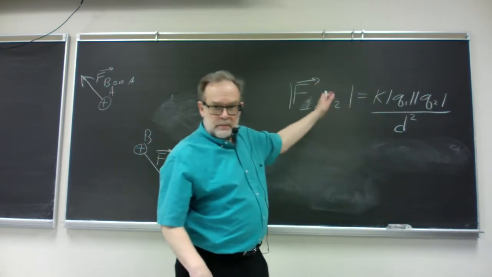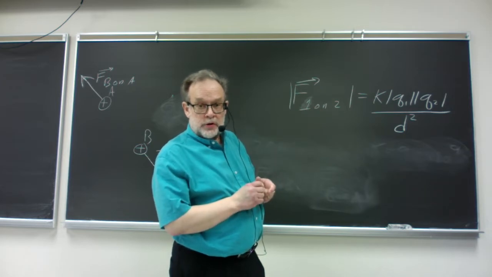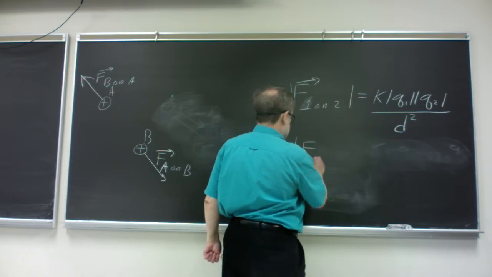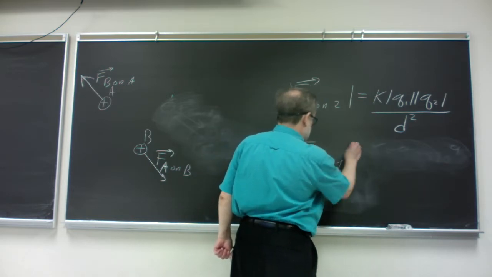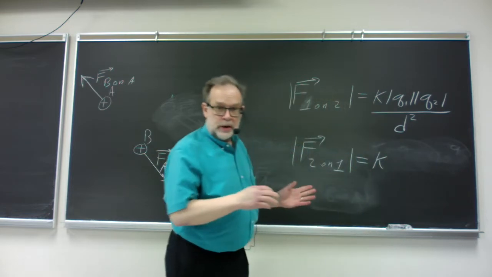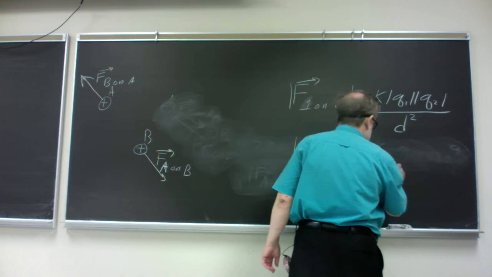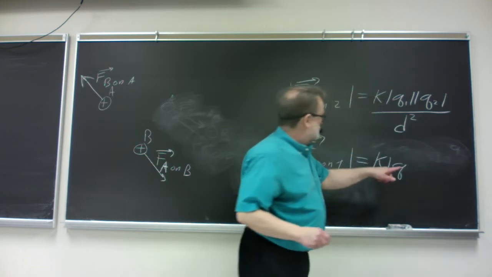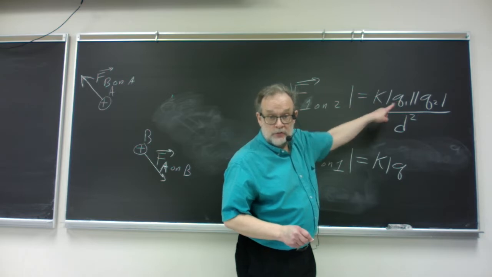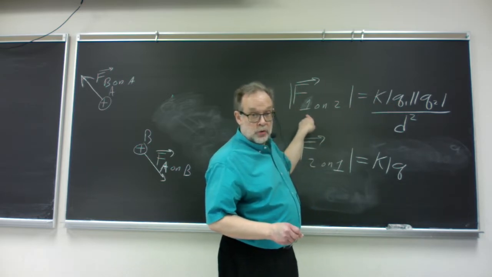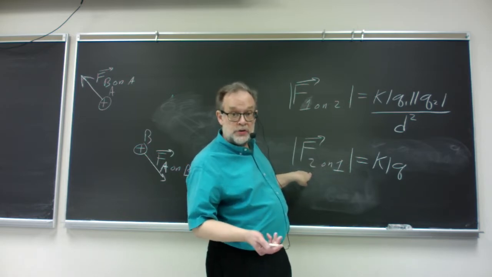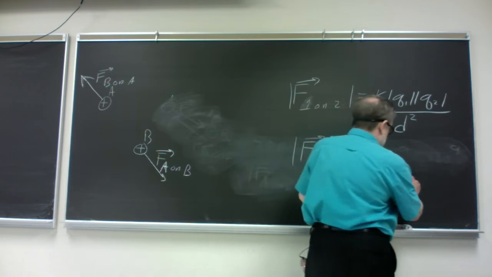Well, if we look at the closely related force, the force that 2 applies back on 1, what do we see? There's K times the product of two charge magnitudes, and remember the first slot here goes with the magnitude of the charge from the source. In this case, it's 2 acting upon 1. 2 is the source of the force, so charge 2 goes here.